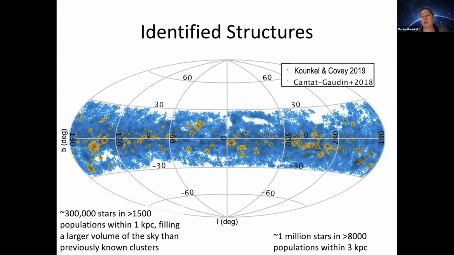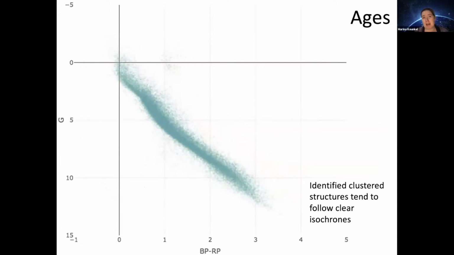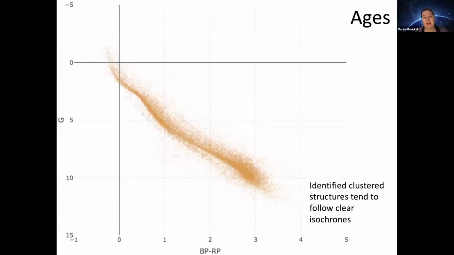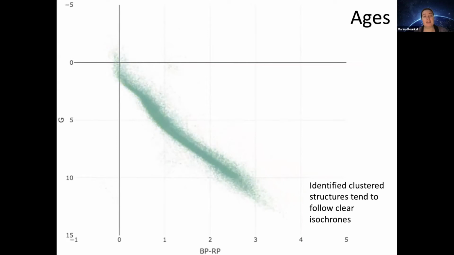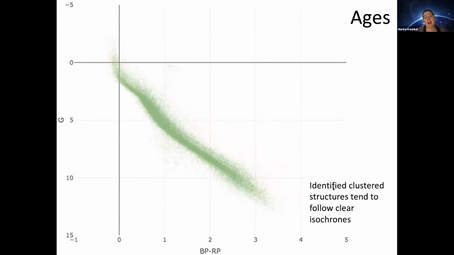There are currently more than 8,000 moving groups known within 3 kiloparsecs. Some of them are young, some of them are old, but you can estimate their ages through isochrone fitting, since presumably most stars within a moving group have formed more or less at the same time. And you can see how in red you have young populations with a sizable pre-main sequence stars that get closer and closer towards the main sequence as they age.